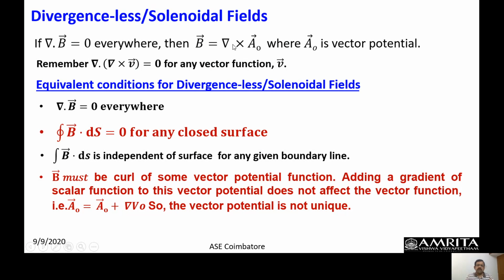If I add a del V component to A naught, I am not going to affect del dot B. The del dot B will remain constant. That is exactly what I had written here.